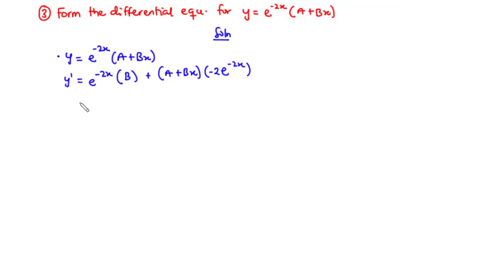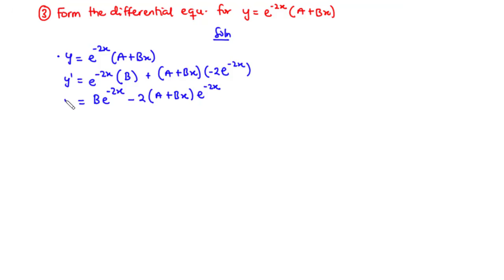Now let's simplify this. So this is equal to b e to the power negative 2x, and then you pull out negative 2, so minus 2 into bracket (a plus bx) times e to the power negative 2x.